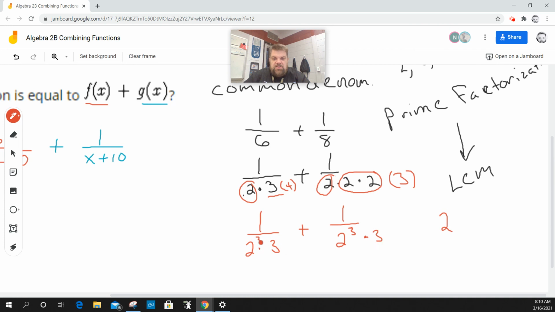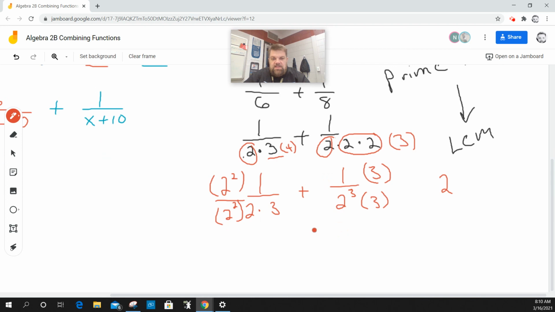To make this 2 to the third power, so they have everything in common, I had to multiply this by 2 squared, and whatever I do on the bottom, I also have to do on the top. And over here, I had to multiply this by a 3, and whatever I do on the bottom, I had to do on the top.